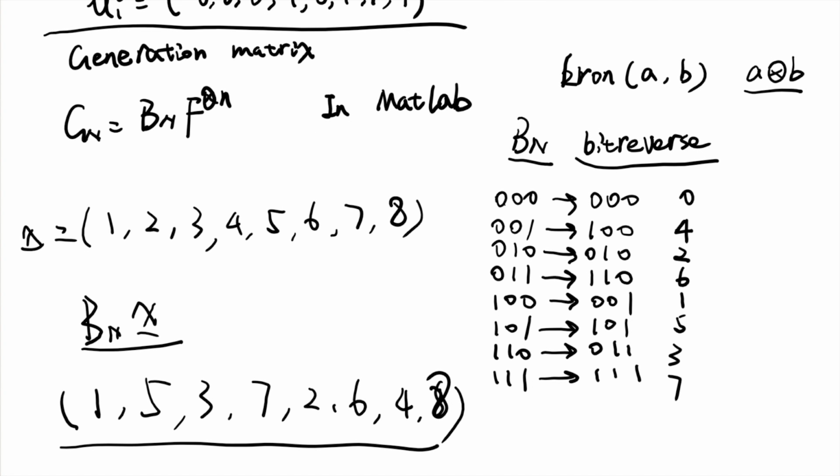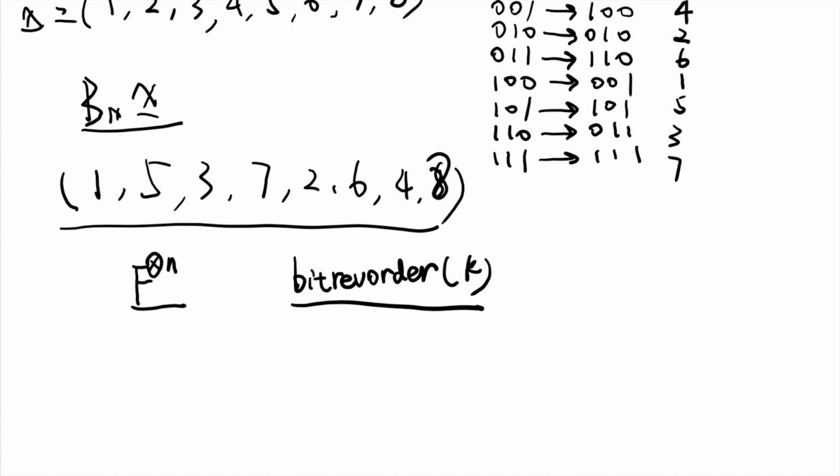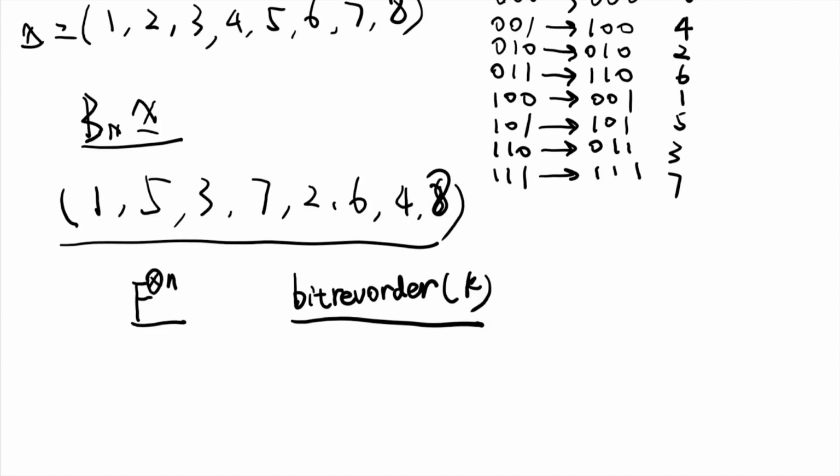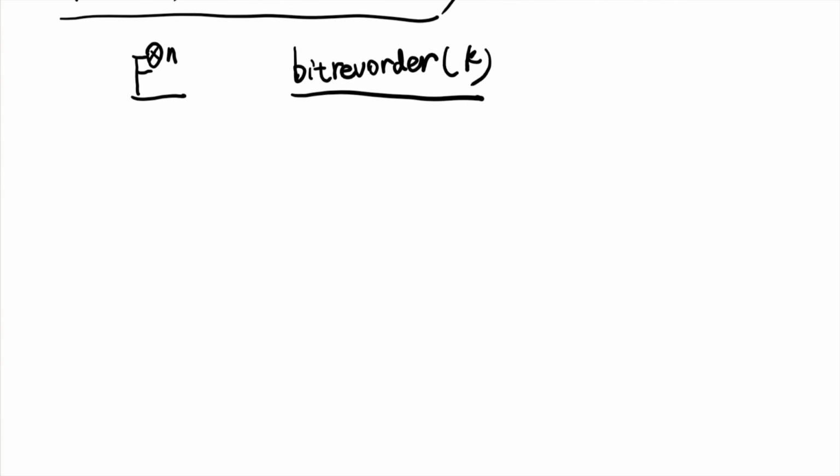So back to the generator matrix, we take the power of the Kronecker product, and then we can also do this in MATLAB. The function is called bitrevorder. We put this into the function and it will do the bit reversal process. I entered the matrix and parameters into MATLAB. Now I'm writing the generator matrix.